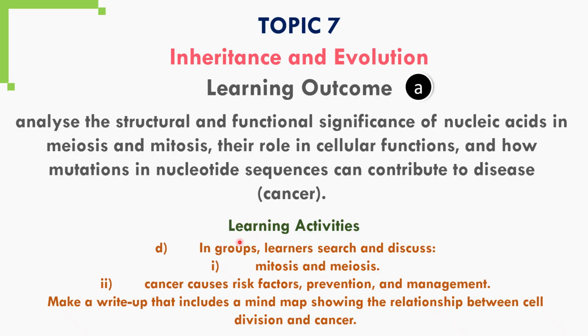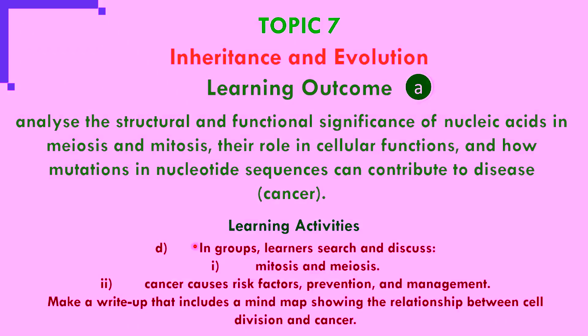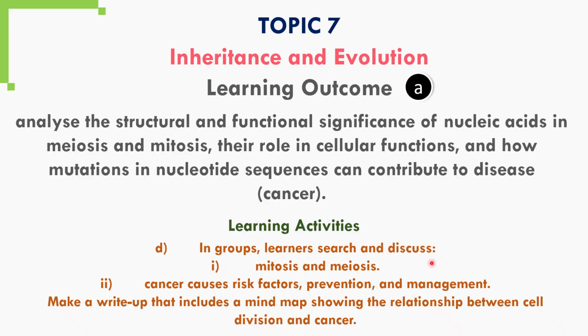We have been looking at learning activity D, where learners search and discuss mitosis and meiosis, cancer causes, risk factors, prevention, and management. Then they make up their write-up, including the mind map, showing the relationship between cell division and cancer.